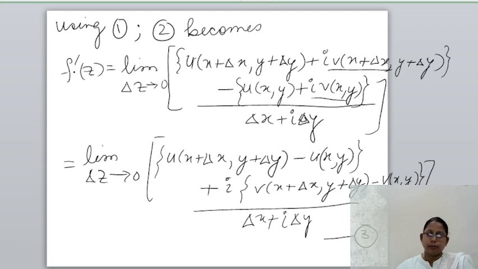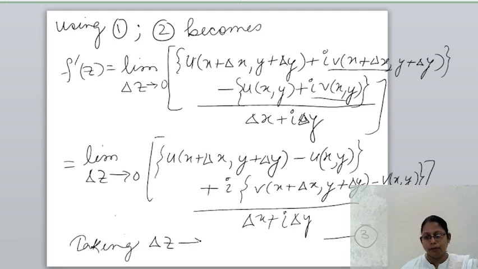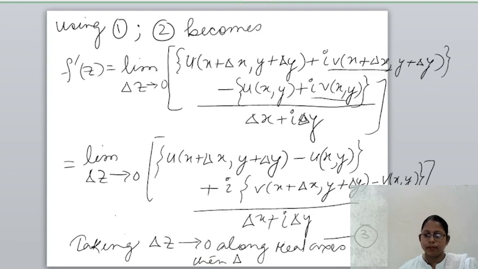Since the derivative of the function is independent of the path, we will take delta z tends to 0 along the real axis. Taking delta z tends to 0 along the real axis, then delta y is equal to 0.